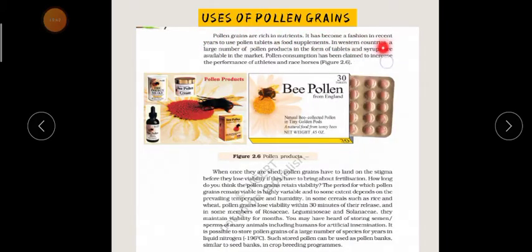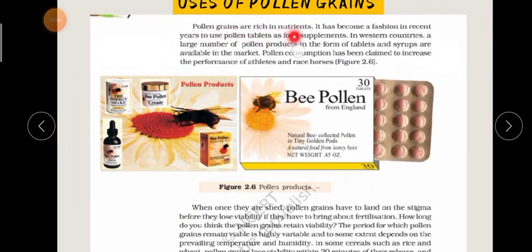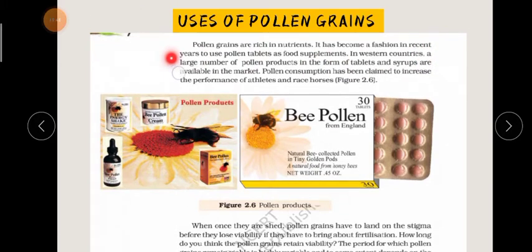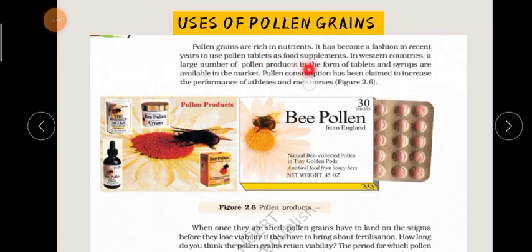Now let us discuss the uses of pollen grains. As I already told you, pollen grains are very rich in nutrients. So in recent years it has become a fashion to use pollen tablets as food supplements. In Western countries, a large number of pollen products are in the market in the form of pollen tablets or syrups. Sportspersons, athletes and race horses consume these tablets in order to increase their performance.